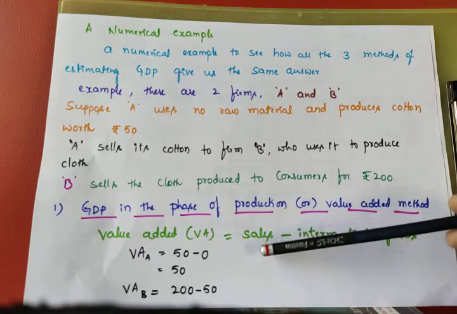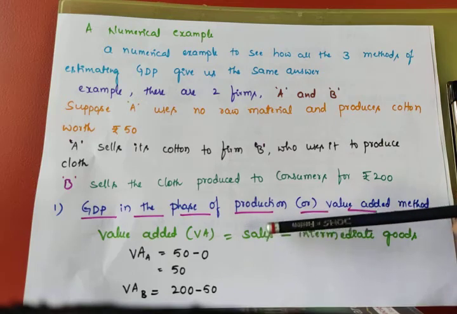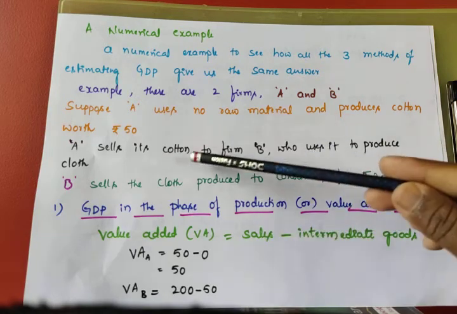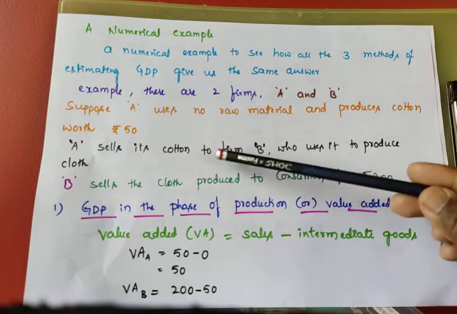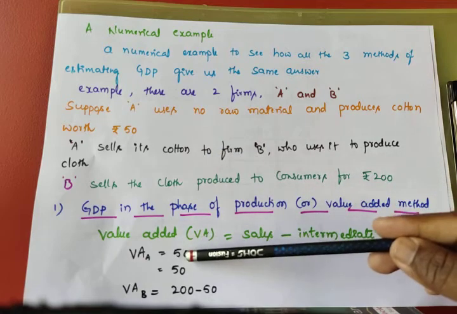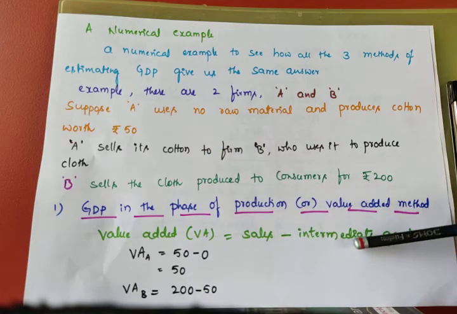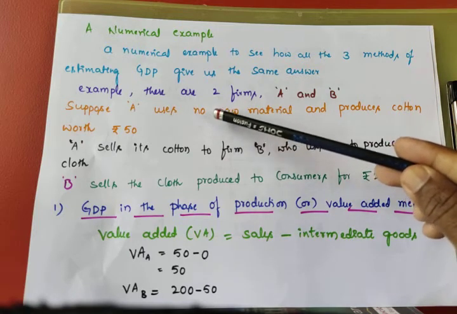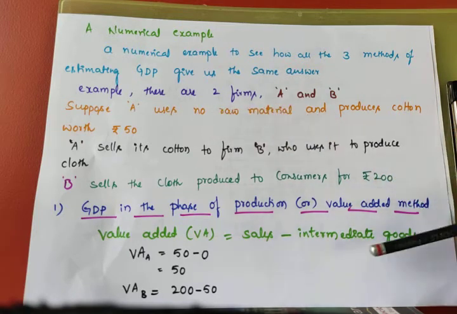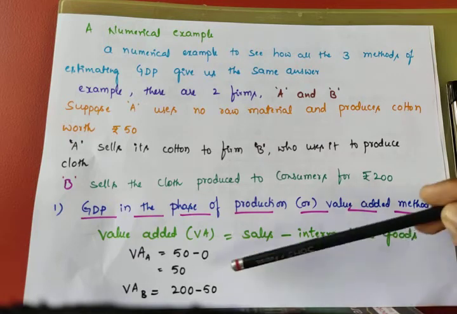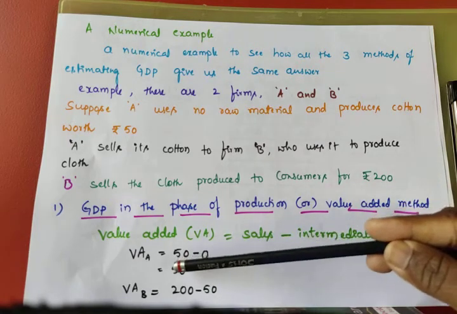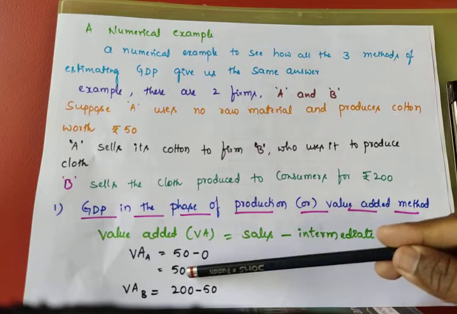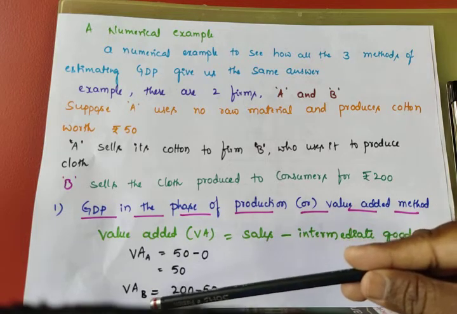Here, firm A produces cotton worth rupees 50 and sells it to firm B, so sales are 50. Is there any intermediate good? No, because it is not using any raw materials, so it is 0. So the value added of firm A is 50.